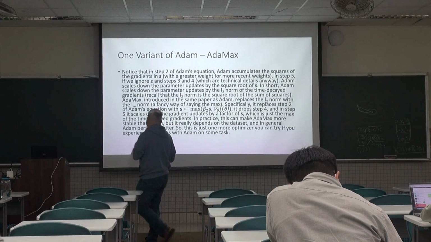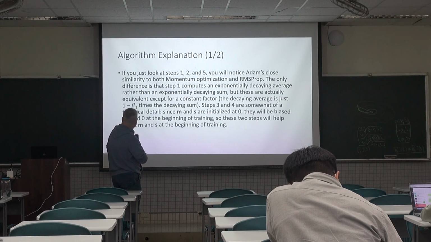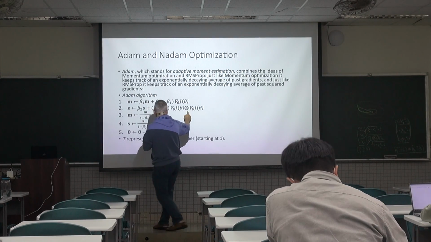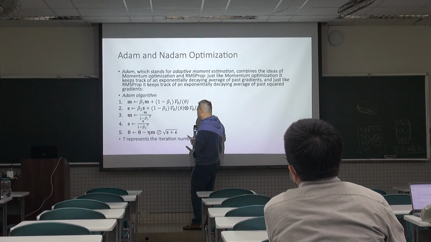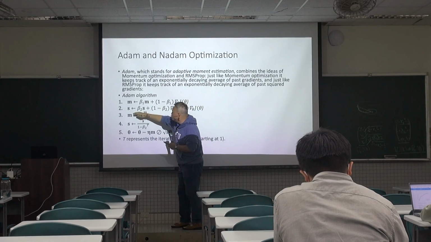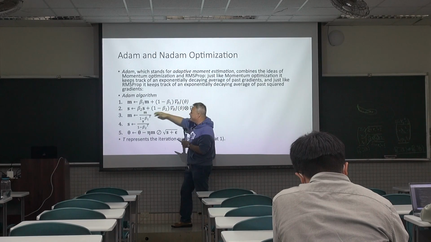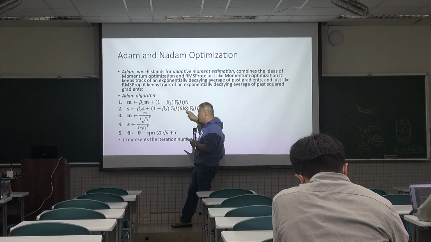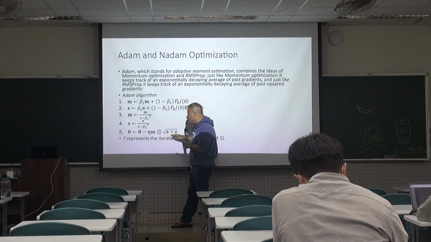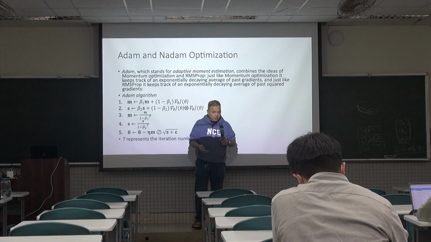The L2 norm is this thing. Here, this one is the L2 norm, and we estimate the L2 norm, and then we divide this by the L2 norm. So we want to replace this by the L infinity norm.